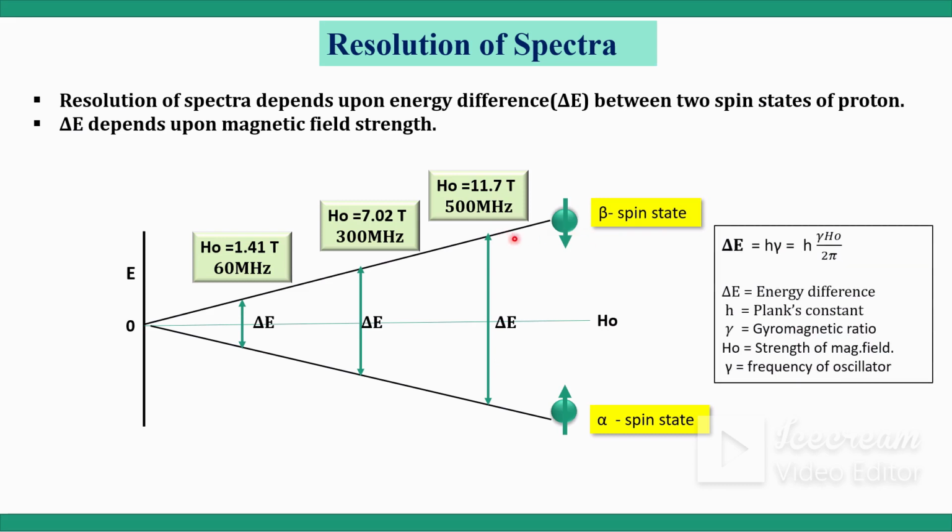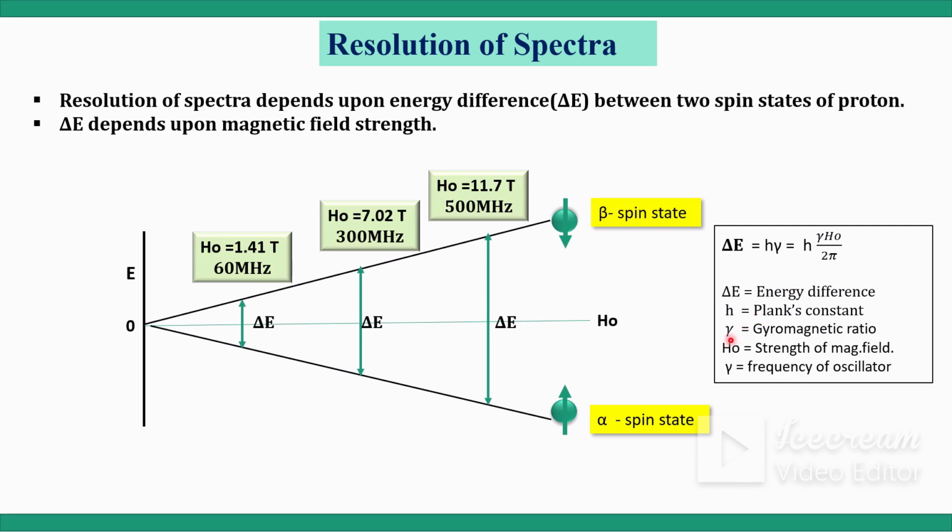In that case, the energy difference delta E is equal to h nu, that is equal to h into gamma H0 divided by 2 pi. This is the equation of precessional frequency of the proton. Delta E is the energy difference between two spin states. h is the Planck's constant.